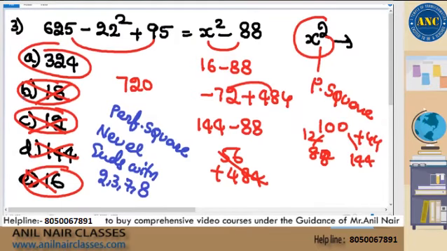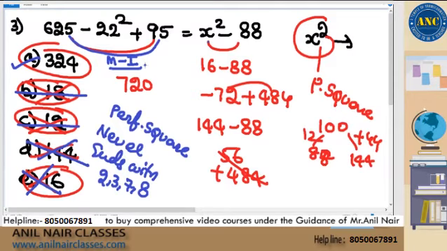So 18 is out, 12 is out. Substitute 16. Check whether 625 plus 95 is 720. 16 minus 88 is minus 72. 484 minus 72 is not this value. Check with 144. Idea clear? This is method 1.